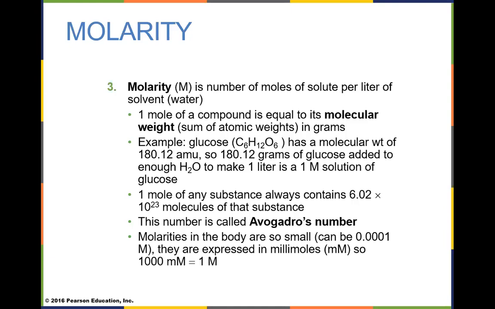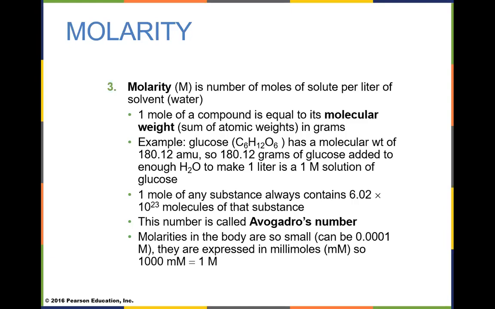Now, where you would see this in chemistry, this is how we measure the strength of various acids. A 1 molar solution of sulfuric acid or a 6 molar solution of sulfuric acid.